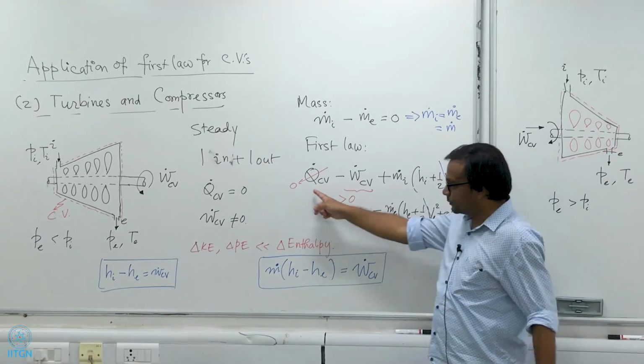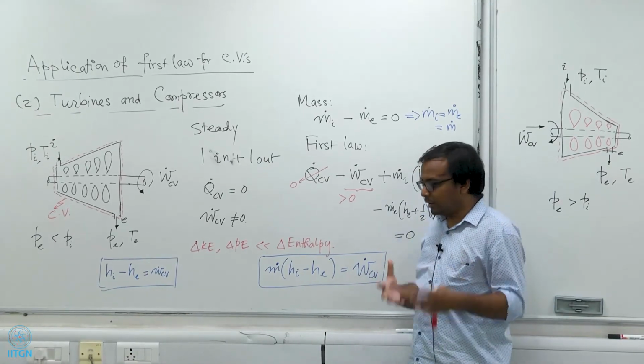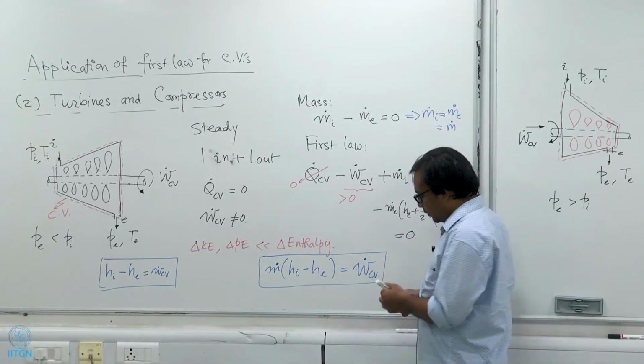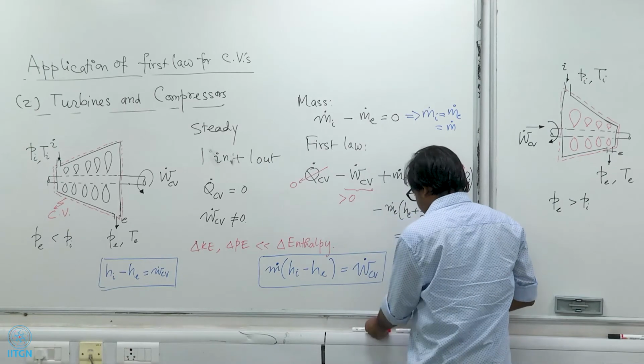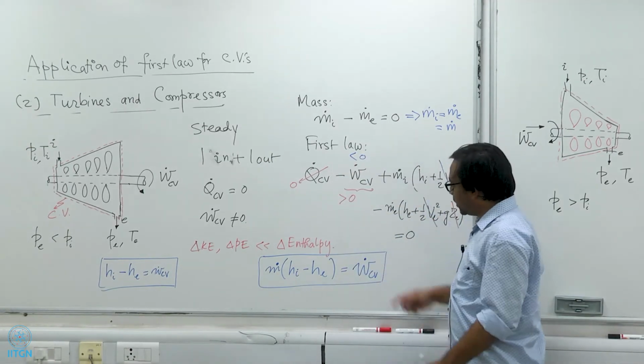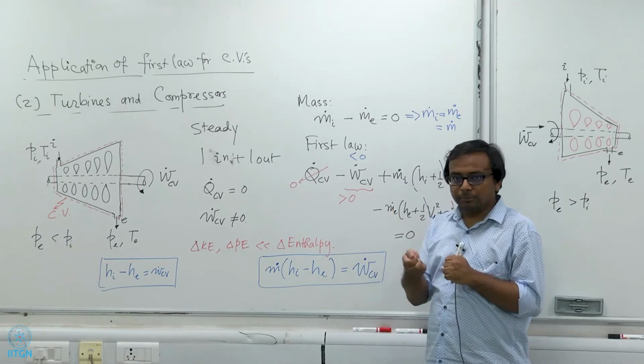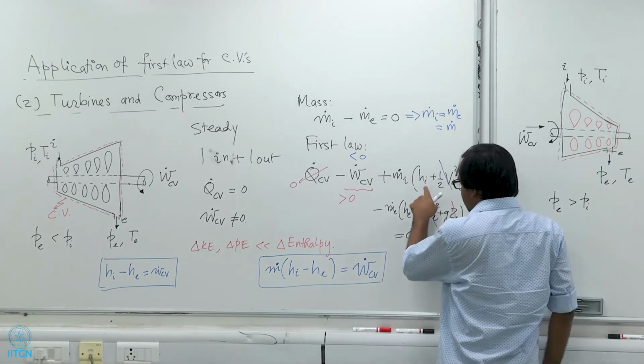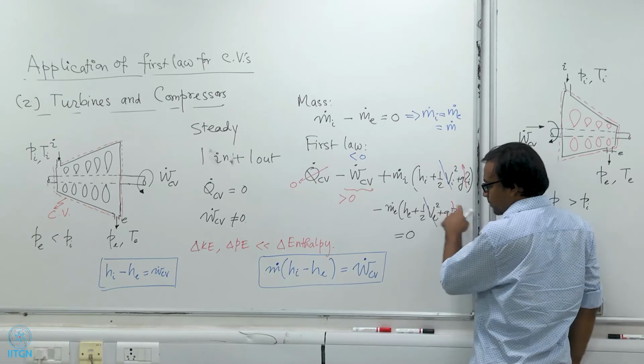So, heat transfer is 0, typically compressors are well insulated. W_CV will be negative for a compressor, because you are giving work input. Again, changes in kinetic and potential energy can be neglected.